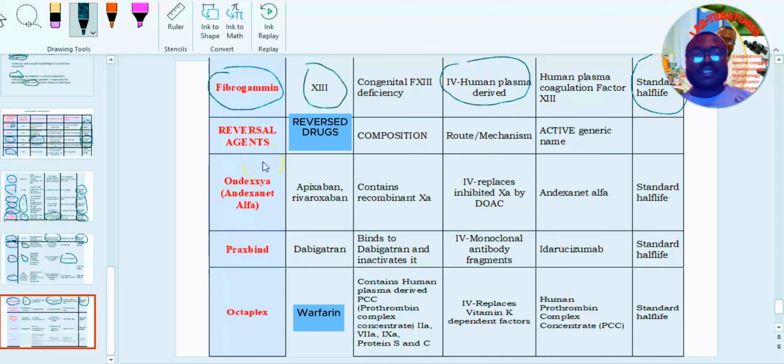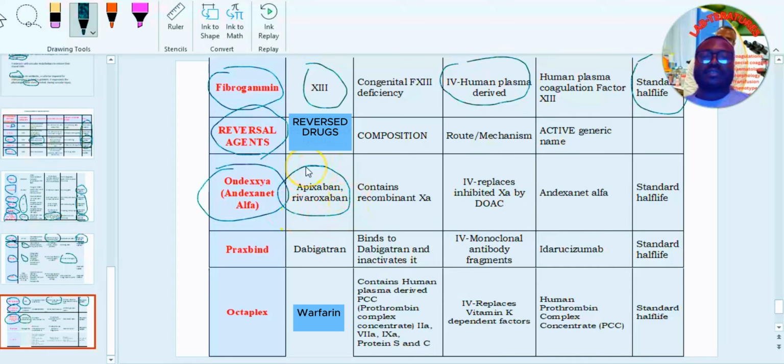Now, there could be instances where you take anticoagulants for treatment or prophylaxis purposes, especially during surgeries. There should be reversals that stop the anticoagulant effect you have been given. So for instance, this is Andexxa, commonly called andexanet alfa. What does it stop? If you take apixaban, rivaroxaban, which are all anti-10, you have low molecular weight heparin, apixaban, rivaroxaban, edoxaban, those are all anti-10.